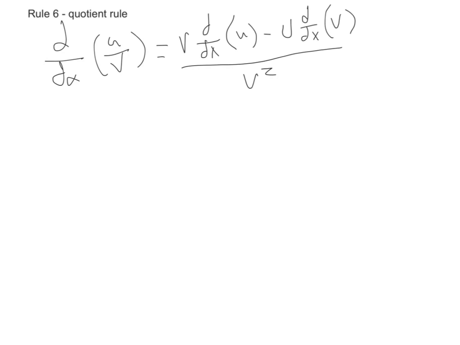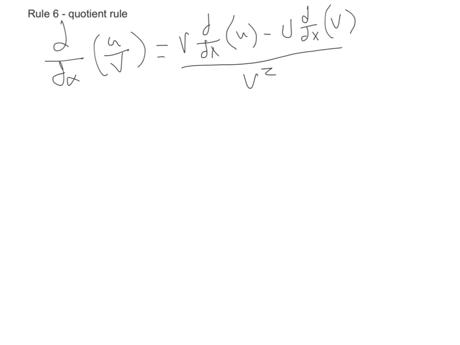I gave you the power rule for a positive integer, where the power is positive. What happens if the power is negative? So we have another power rule called the power rule for negative integers.